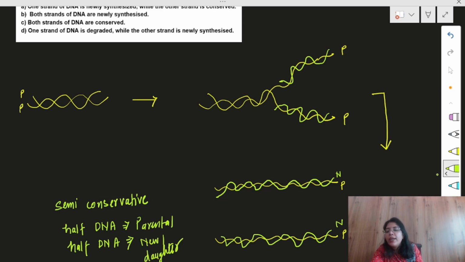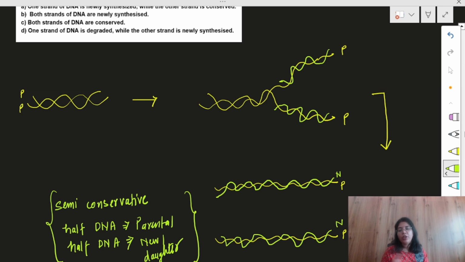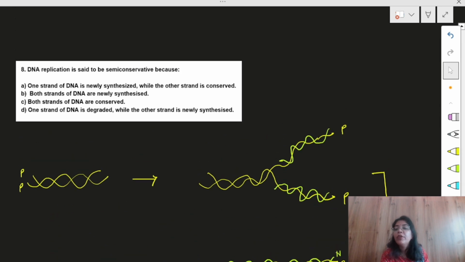So you are able to understand, half conserved. Whenever this happens, one strand will always be parental and one strand will be new. So what is the meaning here? One strand of DNA is newly synthesized while the other strand is conserved. That's why it is called semi-conservative.